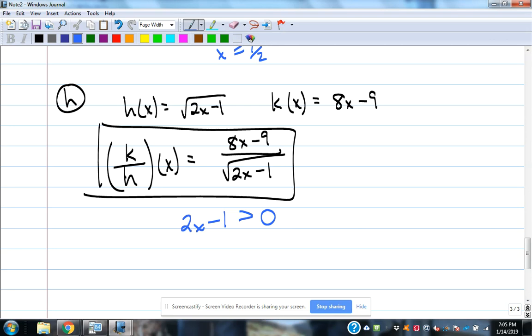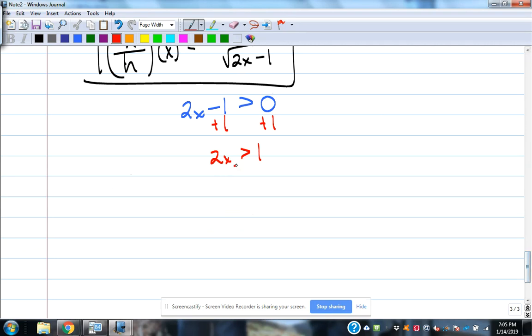It's one of those special cases. It doesn't happen very often, but it does come up from time to time. And then we just solve it from there the same way we did the previous problem. X has got to be greater than 1/2 for this problem. So x such that x is greater than 1/2. That's the set version.